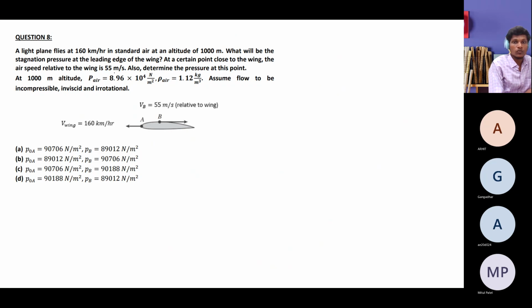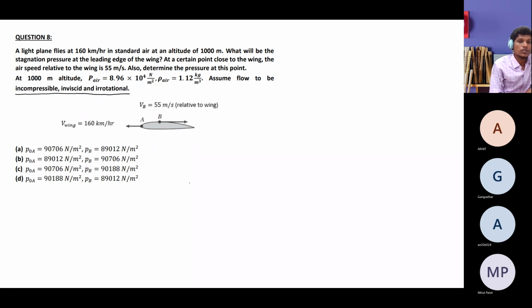Also determine the pressure coefficient at this point at an altitude of 1000 meters, with respect to the free stream pressure and free stream density. Assume the flow to be incompressible, inviscid, and irrotational. These are the primary assumptions we need if we want to apply the Bernoulli equation.